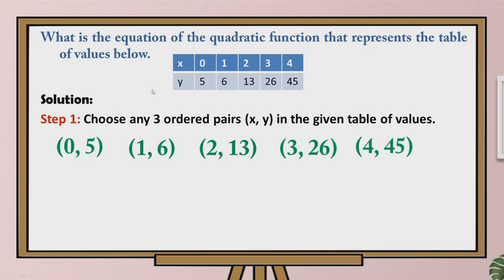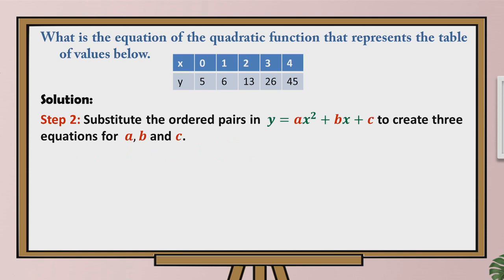Now, in my opinion, we must choose those ordered pairs with lesser values. So, in this case, we will choose the first 3 ordered pairs. So, we will not choose (3, 26) and (4, 45) because of 26 and 45. So, ang pipiliin lang natin ay ang (0, 5), (1, 6), at (2, 13).